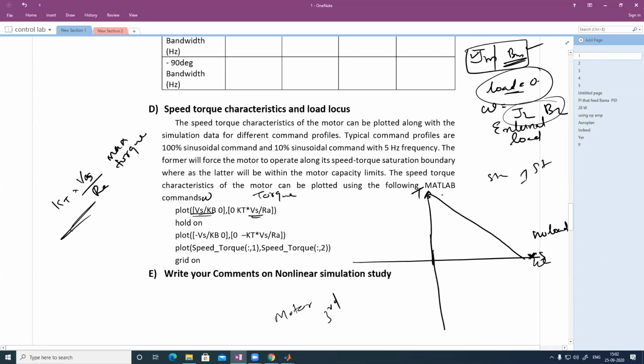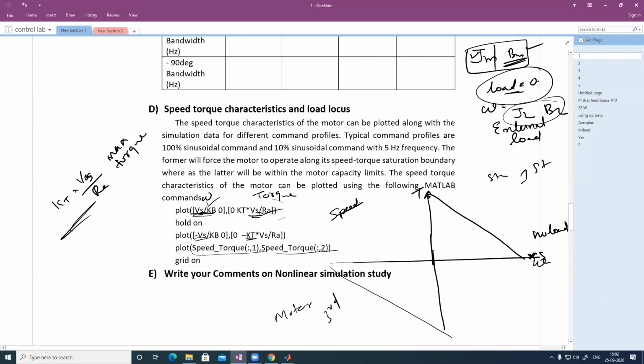If you are working in the third quadrant, you will get another line here, that is the negative of that one. This is speed and this one is torque. So plotting the first element versus the second element, you will get a line like this. Plotting this gives you the speed torque characteristics.